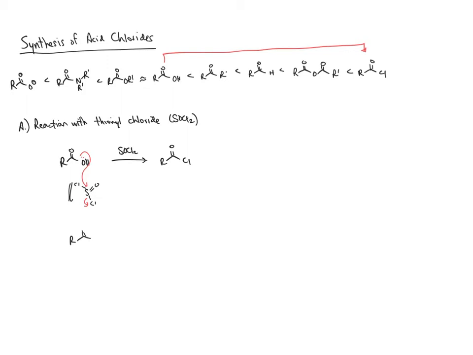And so for that, we have a system that looks like this. The oxygen is still positively charged, but we have an oxygen-sulfur bond now, which is new. The chloride is going to come along and do a deprotonation, and that's going to give us a neutral species.